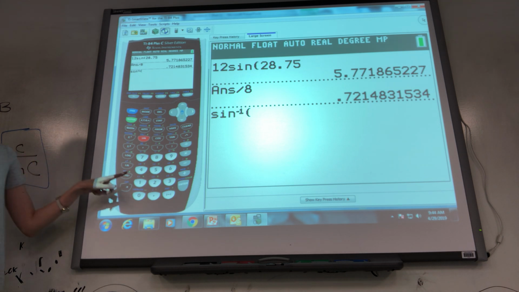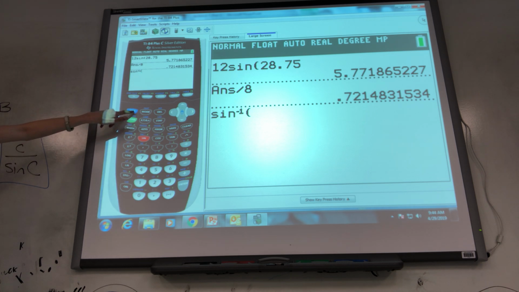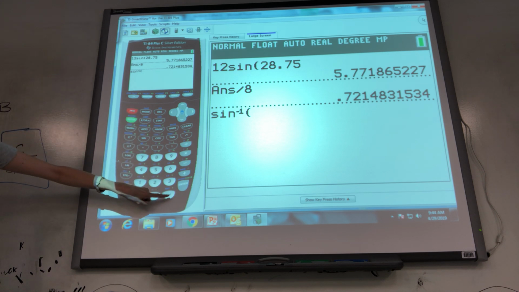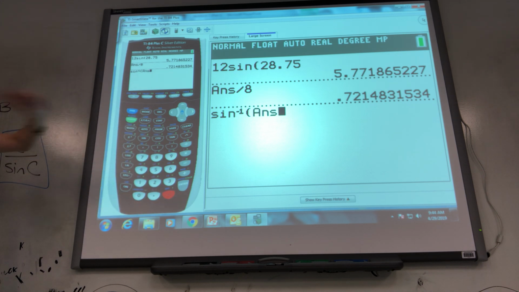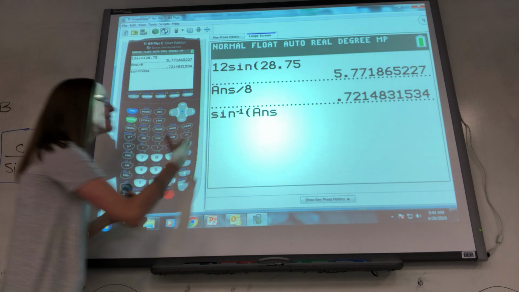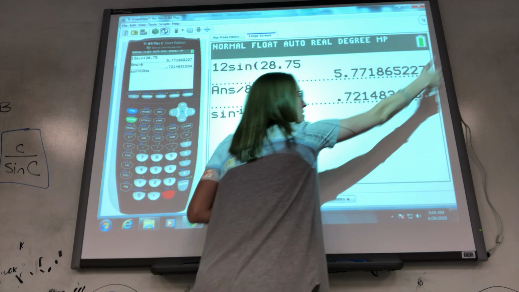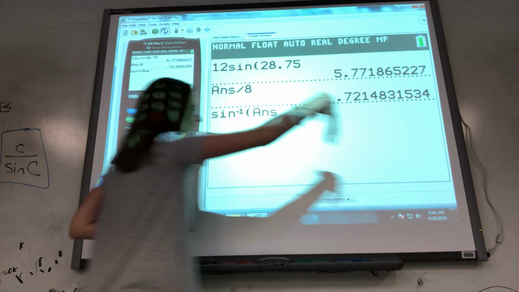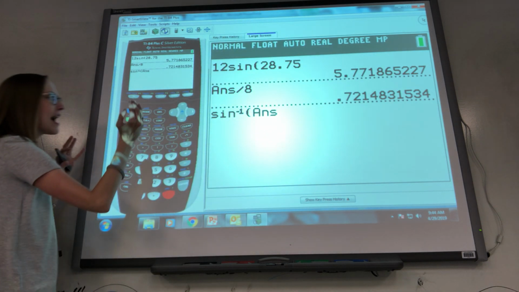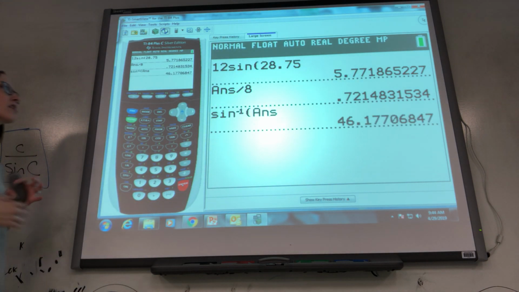And if you have that little ANS option on your calculator, for mine I have to hit second and then the negative sign to get the ANS button. That's probably your best route. It's going to take this entire number, even past the 4, whatever it is, it's going to put all of that back into your calculator without rounding.